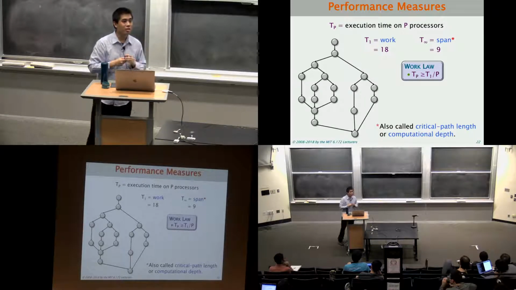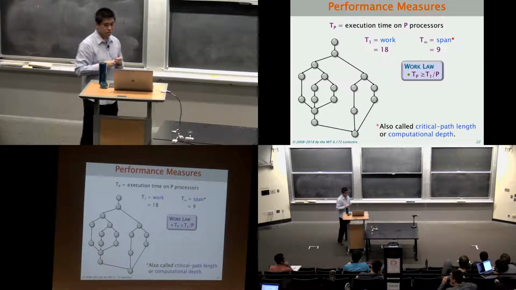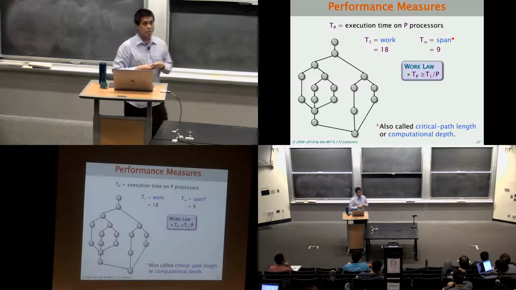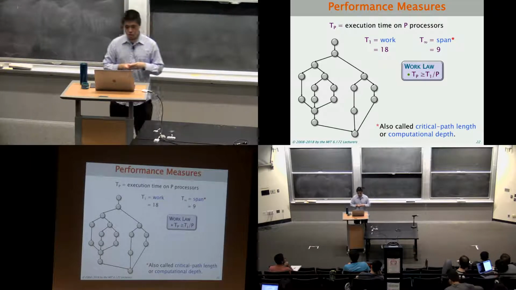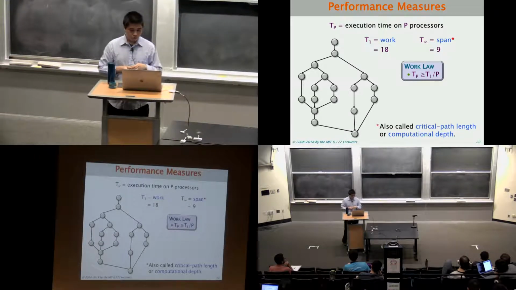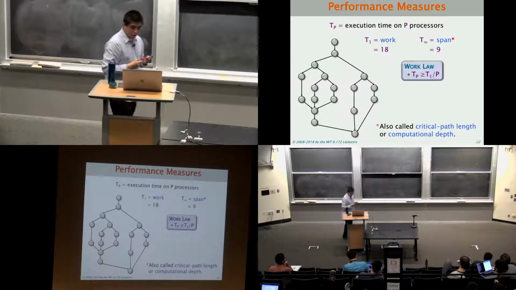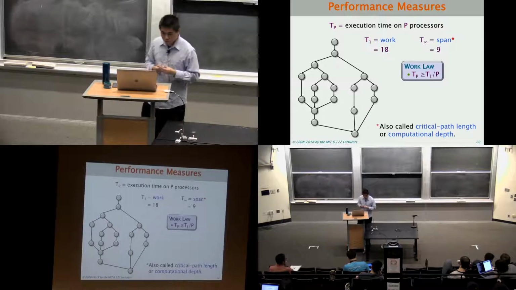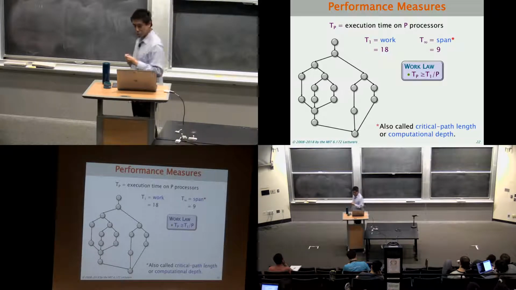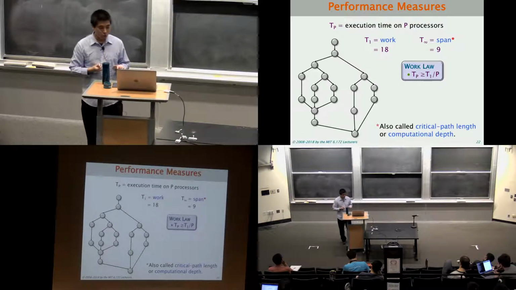Yes, you multiply both sides by p and get the work done on both sides. So the answer is that if you have P processors, on each time step, you can do at most P work.